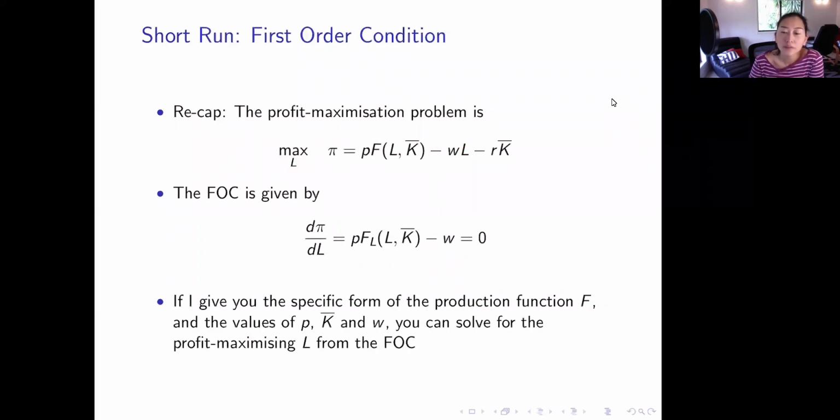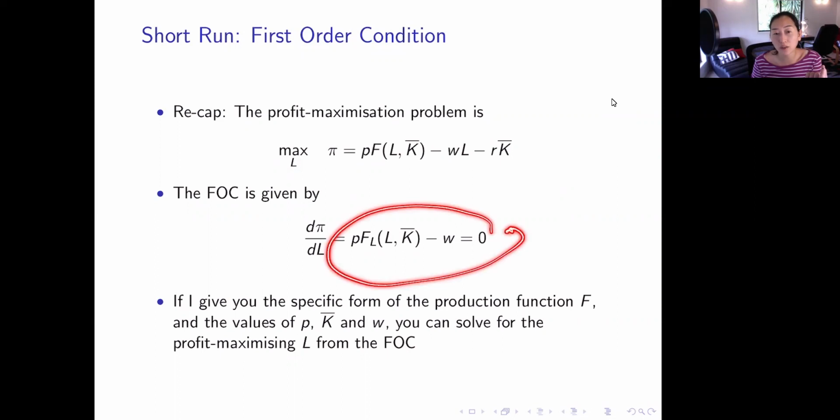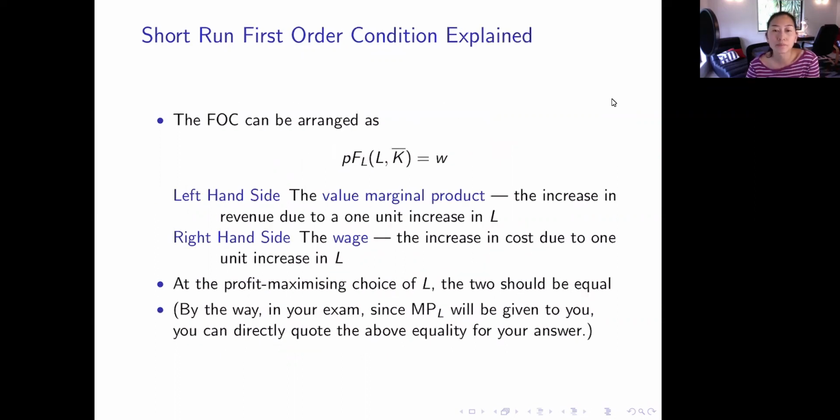And then I give you the specific form of the production function F and the values of P, K bar, and the wage that you can solve for the profit maximizing L from the FOC. So you only have one equation with one unknown variable L, and it is solvable.